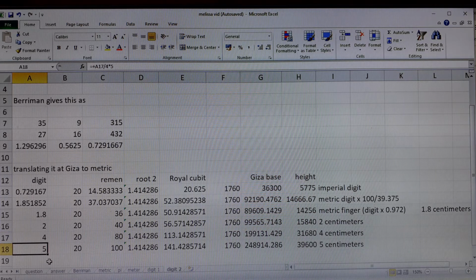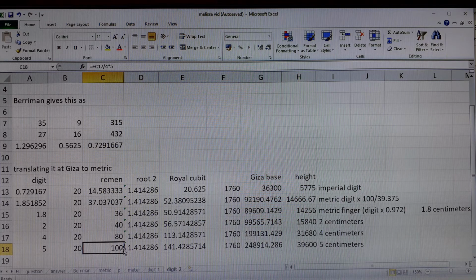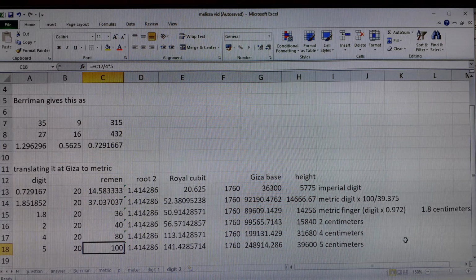Finally, 5 centimetres produces 39600, and that's the base 100 metre in inches, but in this case it's centimetres. But there's the base 100, the Riemann becomes 100. And the royal cubit in this instance is 100 times root 2. It's there. So we can see this is a completely different interpretation of the design of the Giza pyramid using centimetres.